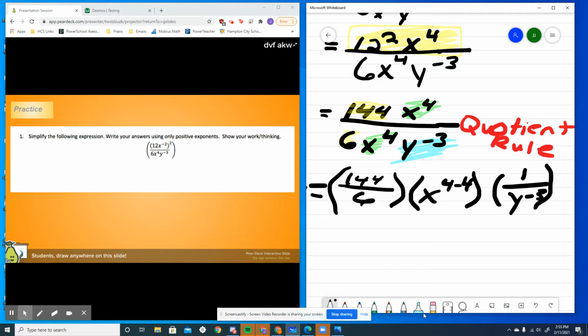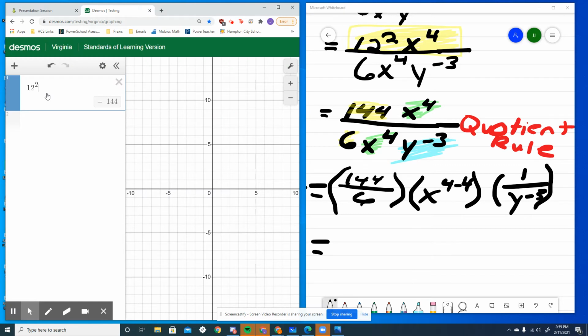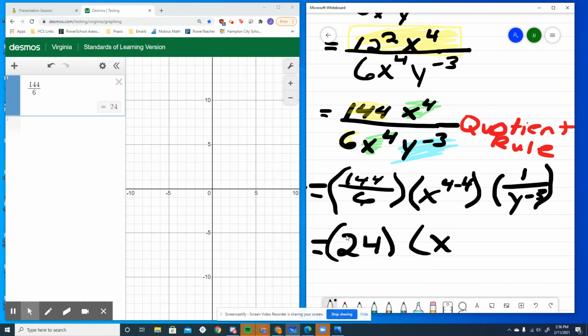If I go a step further, I know that 144 divided by 6 is going to give you 24. So we're going to write 24. I know that x to the 4 minus 4 is going to give me x to the 0 power, and I know that this is going to be 1.